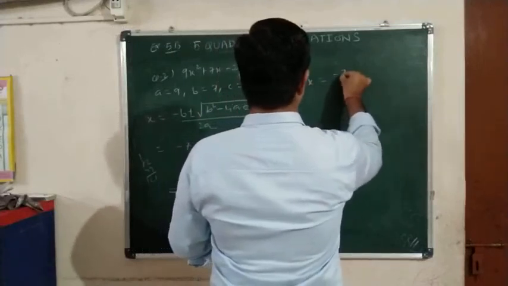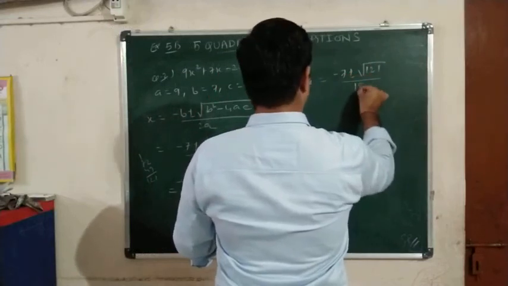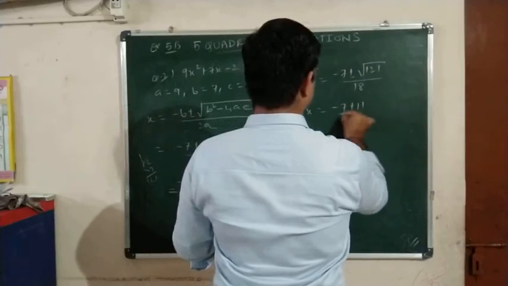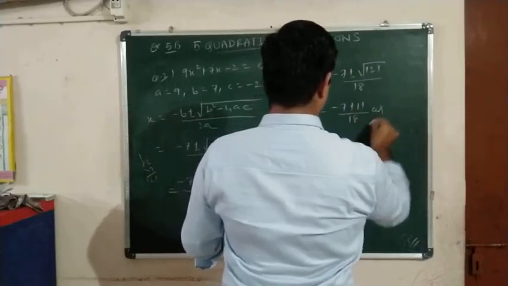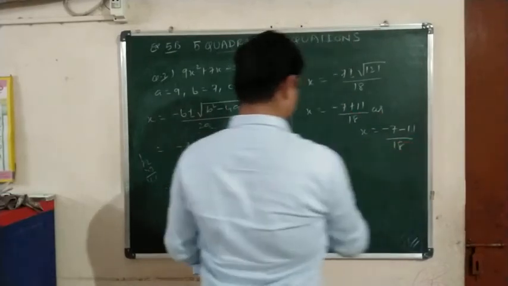Therefore x is equal to minus 7 plus square root of 121 upon 18, that is minus 7 plus 11 upon 18, or x is equal to minus 7 minus 11 upon 18.